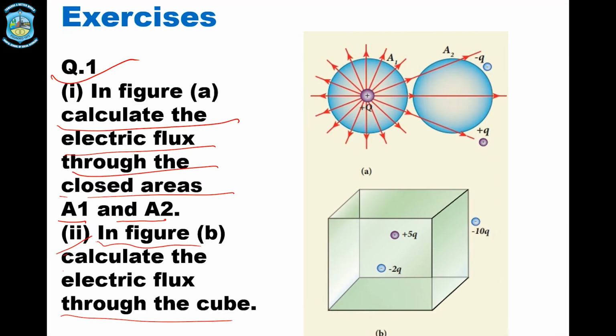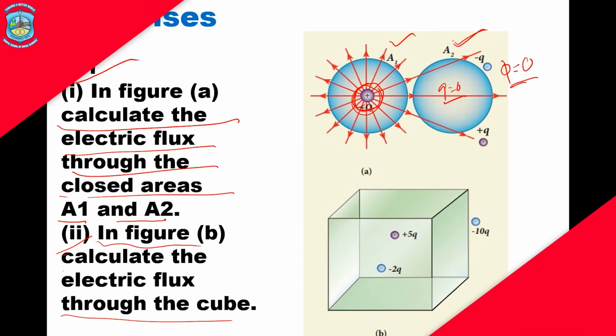Since here the surface A1 encloses a certain charge Q at its center, it will have a certain value of electric flux that we can find out by using Gauss's law. And since the surface A2 is not enclosing any charge inside it, the charge inside this surface is 0. Therefore, the electric flux linked with the surface A2 will also be equal to 0.